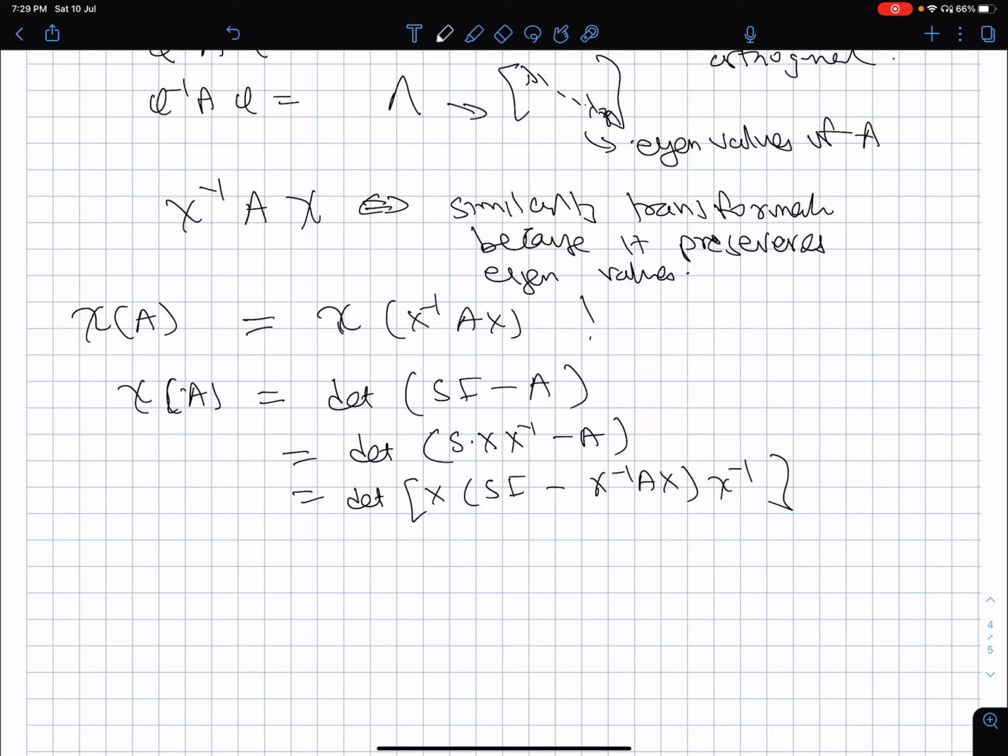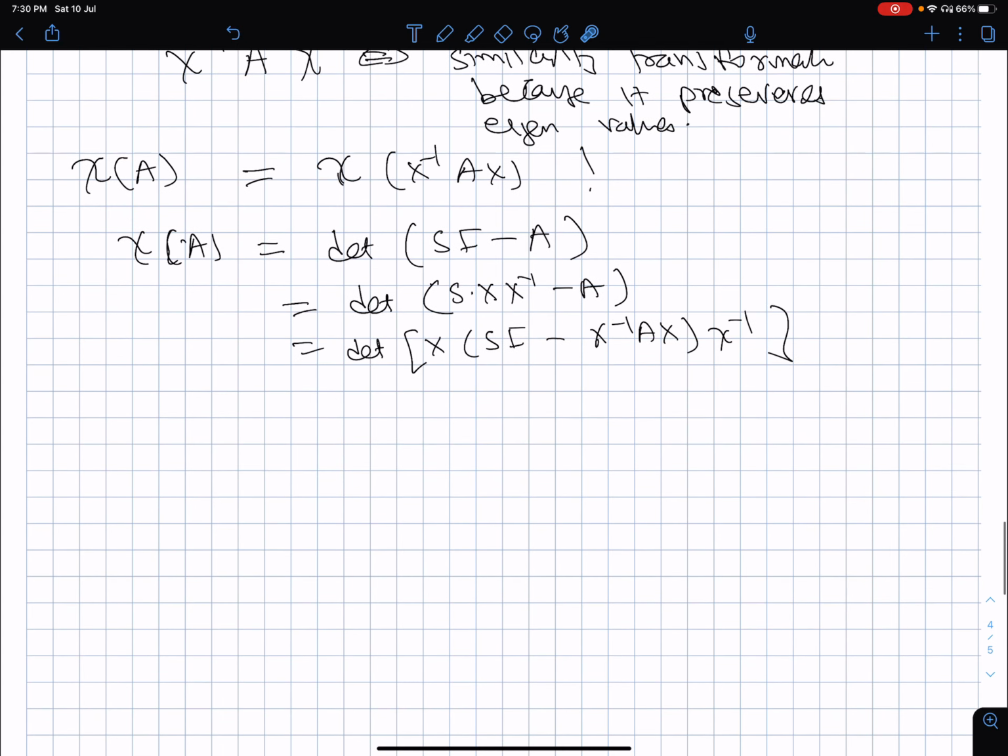Because I have taken X out from the left side, I got an X inverse coming here, and I took X inverse out from the right side, so I got X coming here. So X inverse X is identity. When you bring them back, you will get only the A matrix, and the sI term will remain as identity itself.